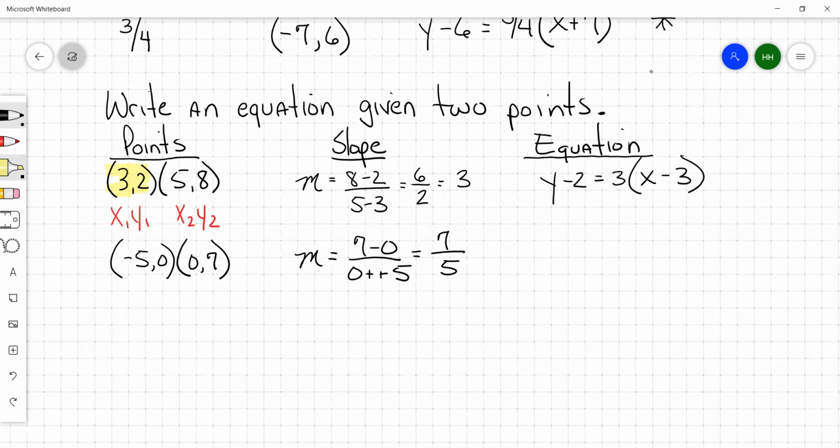So look, this would be y. You're not going to write -0. We talked about that last week. So since your y value at this first point is 0, we're just going to write y equals the slope, which is 7/5, times x, and then plus 5.